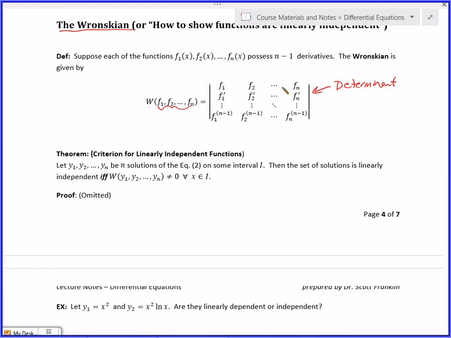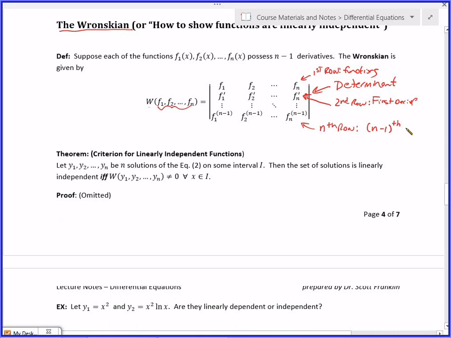On the second row, you put the first derivatives. And notice how it progresses all the way down, until the nth row is the n minus first derivative.